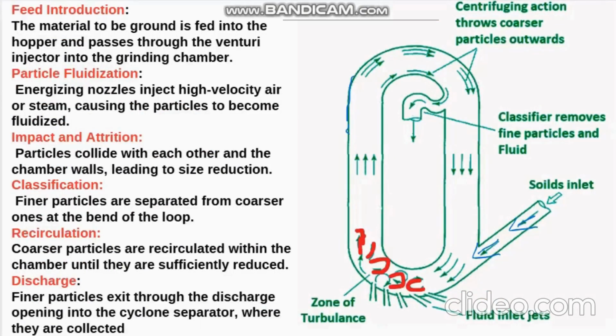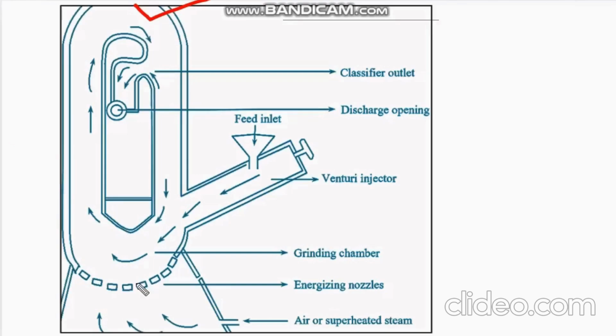The fluid energy mill. How is the fluid energy mill going to work? The first one is feed introduction. How are we going to introduce the feed? In this diagram we can see there is a feed inlet through which we are going to introduce the feed.